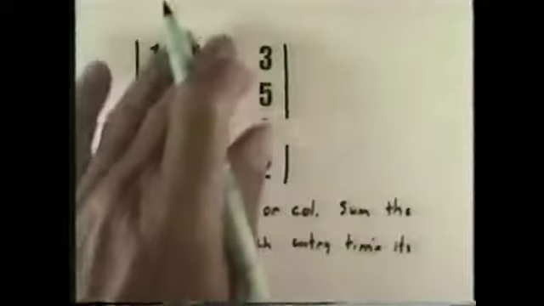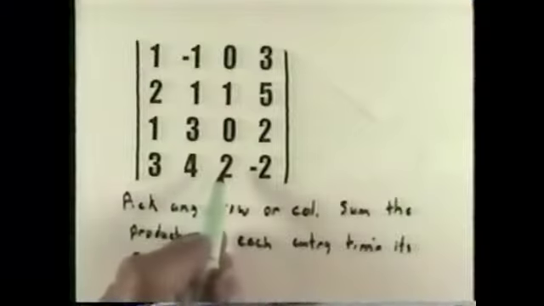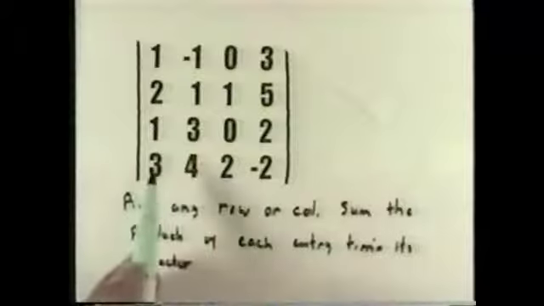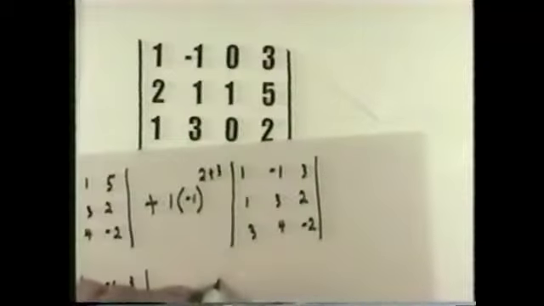Plus now, I go to my last number, which is 2, times (-1) to the row 4, column 3. So it'll be 4 plus 3.